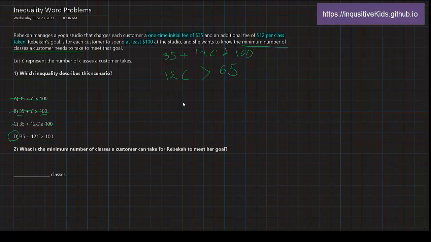So we know that if we divide by 12 on both sides, C is greater than a little more than 5. A little more than 5. But, just like that last word problem, this is a real life situation. It's not super mathematical.